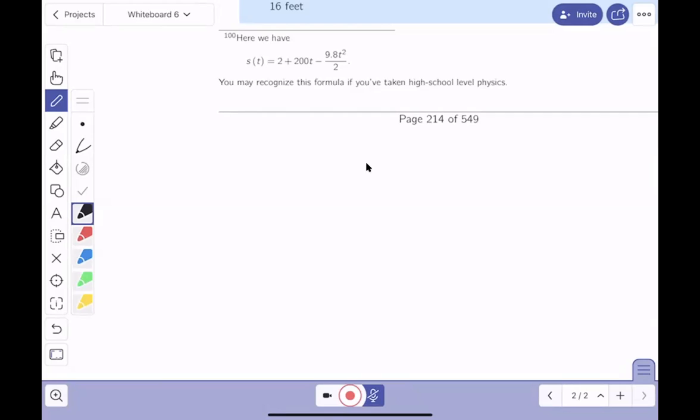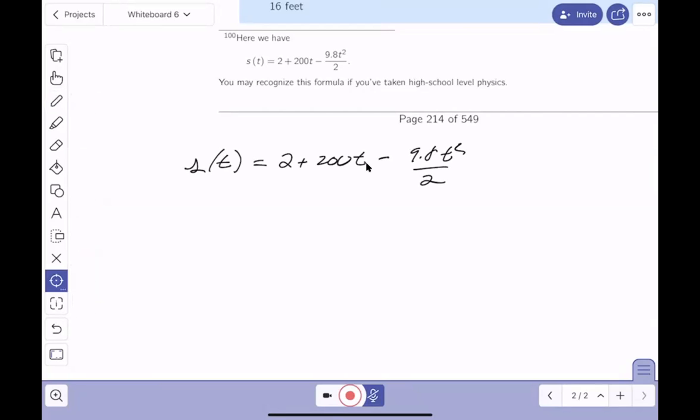So let's write this down. s of t is equal to 2 plus 200t minus 9.8t squared over 2. And the 200, I want to point this out to you. That's the initial velocity of the problem. This 2 is its initial position, which is 2 meters above the earth. And this over here is gravity pulling that thing back down to earth. It's having a big impact on the velocity of the bullet.